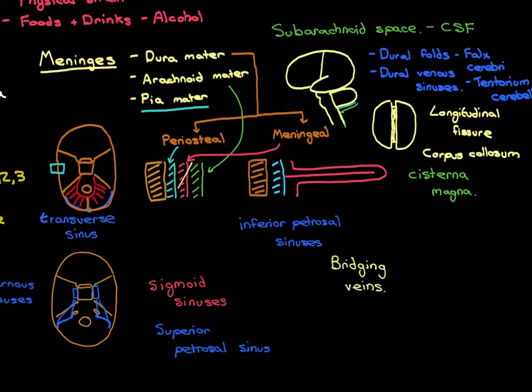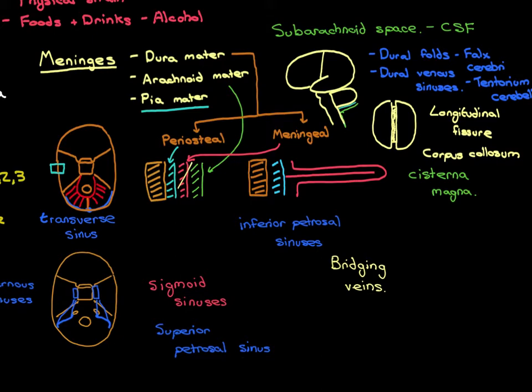You might see little fragments of it that have stayed attached, but if it was there in full, you wouldn't be able to see the central nervous system underneath, because those layers are much thicker and they're not translucent in the way that the pia mater is. So normally on brain specimens, the dura mater and the arachnoid mater are not there, but the pia mater is usually there. Okay, so there's my final comment on the meninges done.